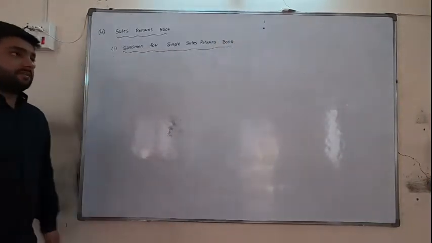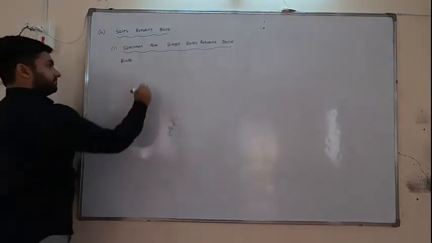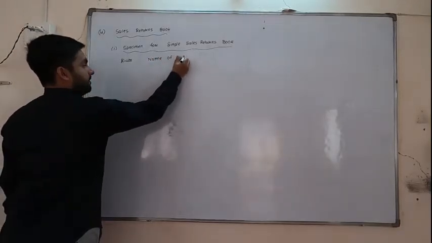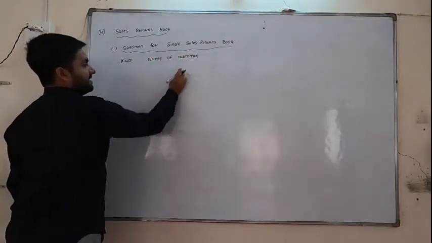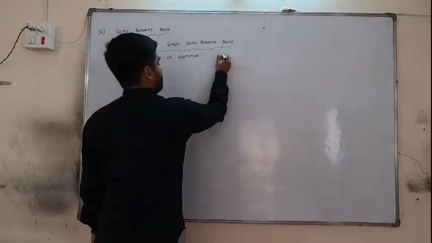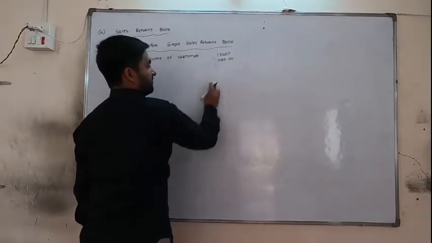So as we have discussed, date, name of customer, because the sales book has name of customer, here also name of customer. Then these sold goods are always credit, so credit note number.